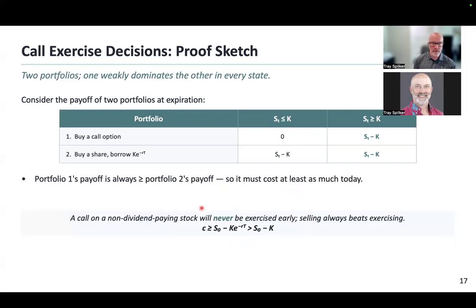And so we end up with this pricing condition: a call option's lower bound is greater than or equal to the difference between the share price and the present value of the strike price. And this difference must always be strictly greater than the difference between the share price and the strike price. Again, it's worth a lot more alive than dead.